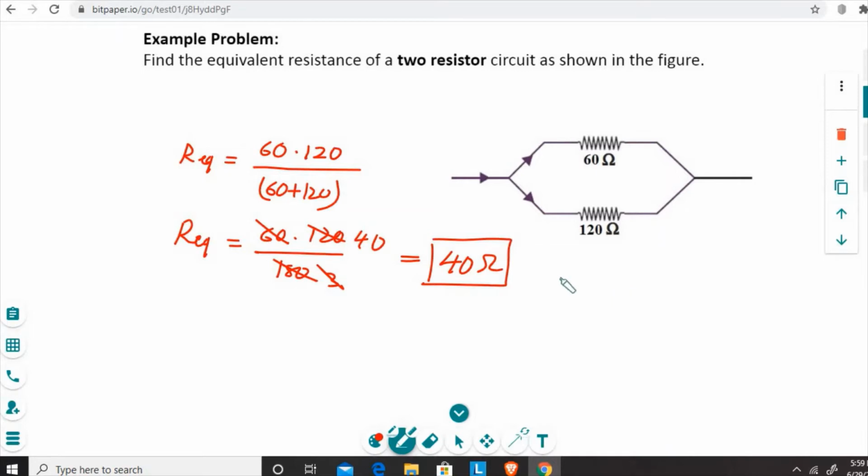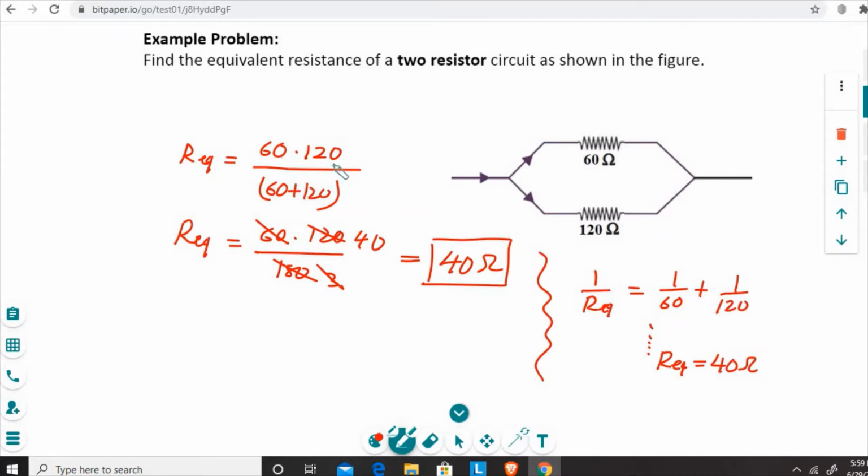So that's how you do this. Sometimes you might try this method. You might write 1 over Req equals 1 over 60 plus 1 over 120. If you do the math correctly, you will end up with the same value.